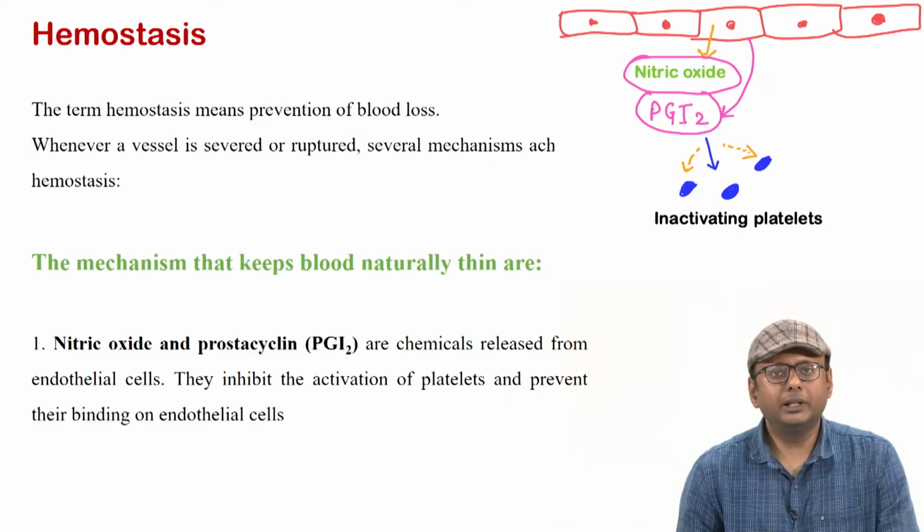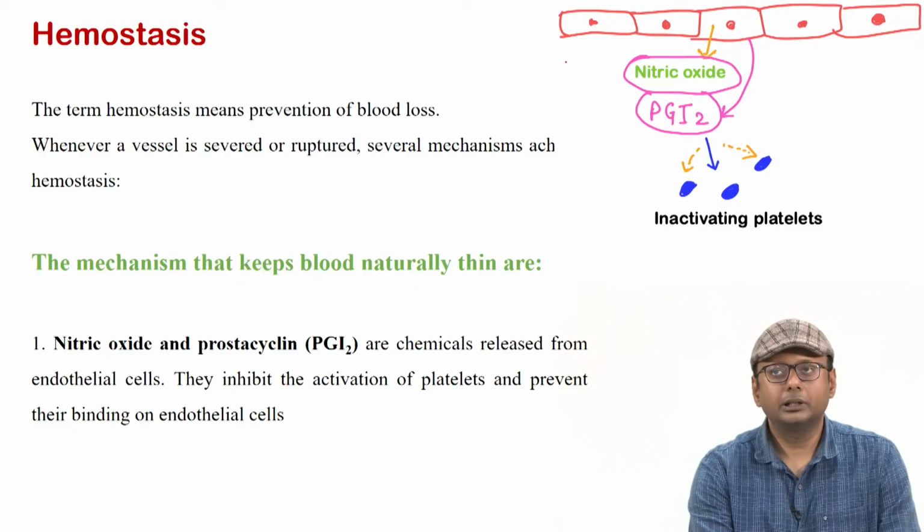To keep the blood in a non-clotting condition, what actually contributes, we first have to understand. As you can see here, this is a vascular cell membrane where the blood endothelial cells are present. These endothelial cells generally produce a few molecules.